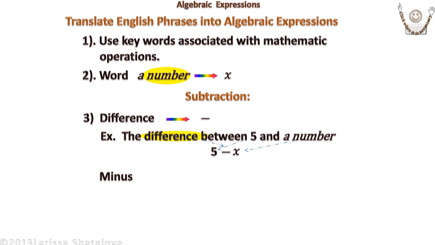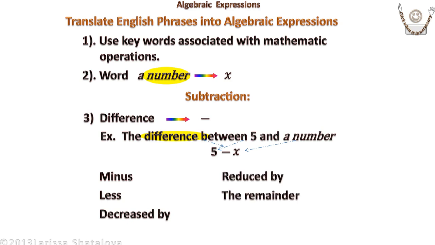But how can we read this using algebra? It will be positive 5 and negative 1x. Words: minus, less, decreased by, reduced by, the remainder, and subtracted from.